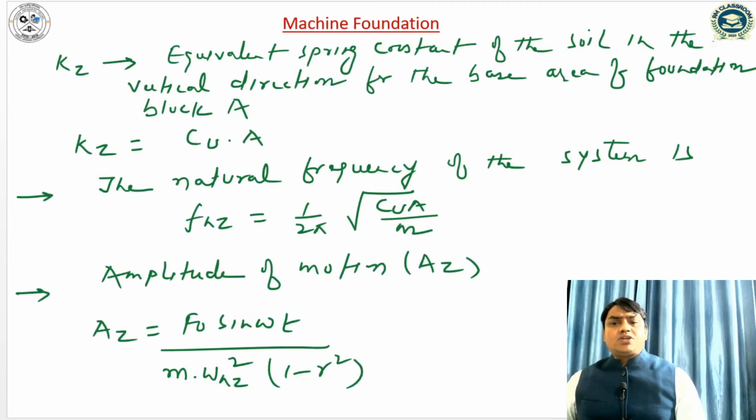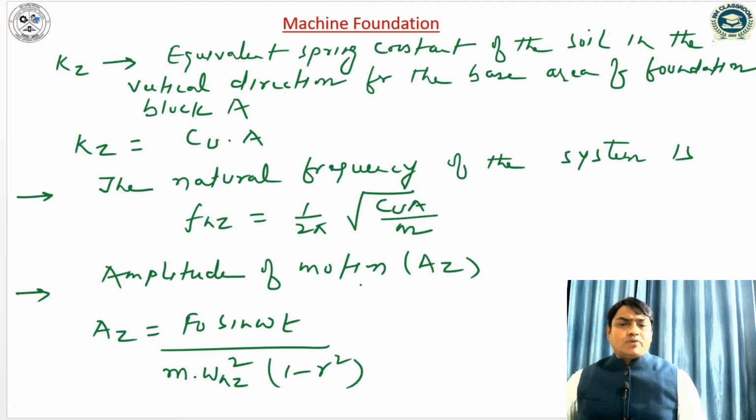So if I solve this equation, we will get the natural frequency, where kz is equal to C u A, which I have already discussed. And the natural frequency of the system, as I discussed in the first class, is 1 by 2 pi square root of omega nz, or omega nz can be written as square root of C u A by m.